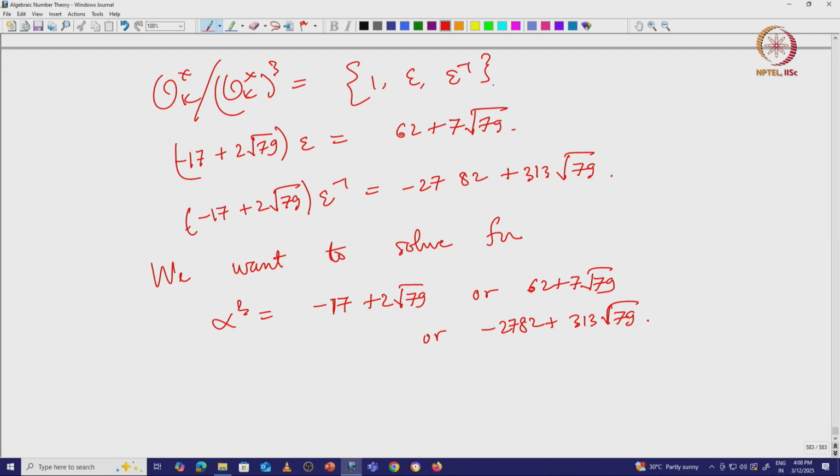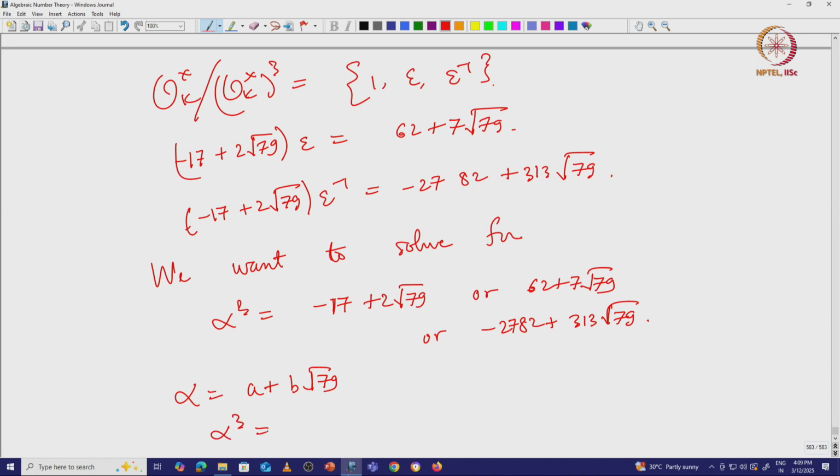So, how do we show that none of these are a cube? Let me do it as much as I can. So, alpha is a plus b square root of 79.